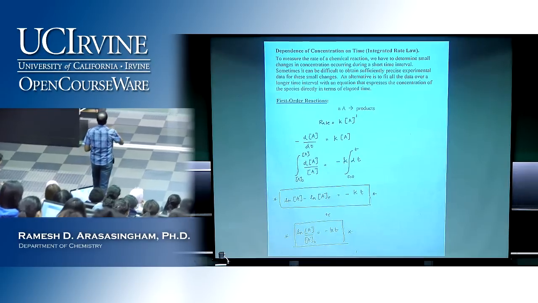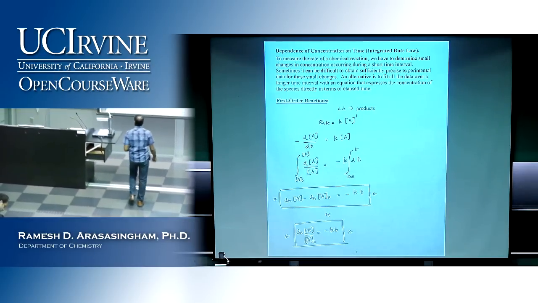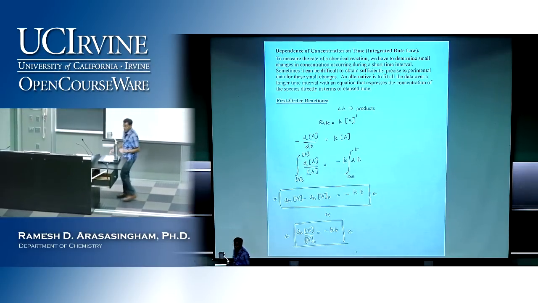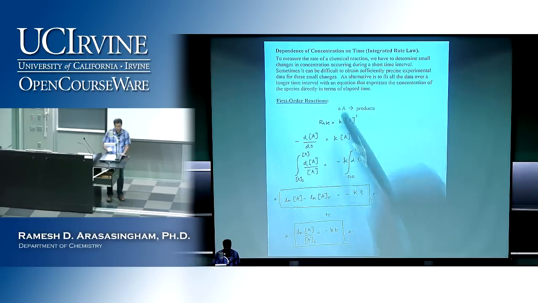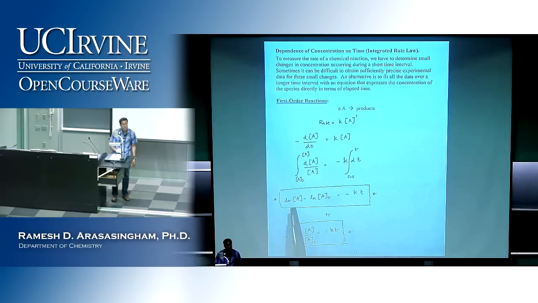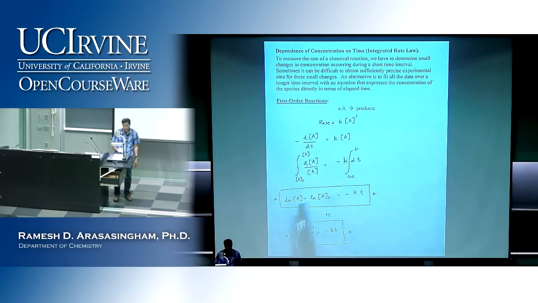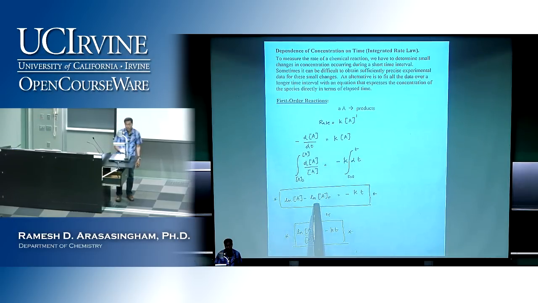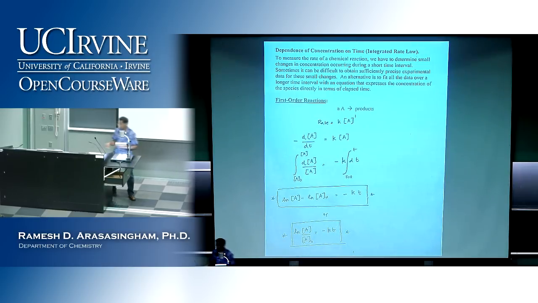And so we have a different approach where we look at concentration versus time, and we derive a mathematical equation that describes the concentration versus time dependence. Last time, we derived the expression for the first order reaction. If you have just one reactant, for a first order reaction, the general form turns out to be ln A minus ln A0 equals minus kt.